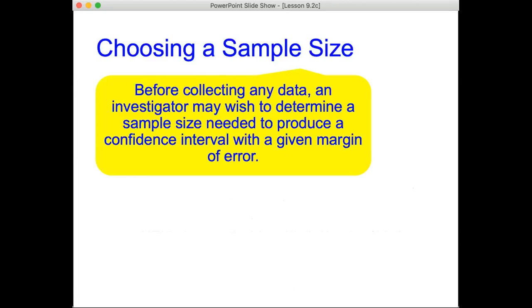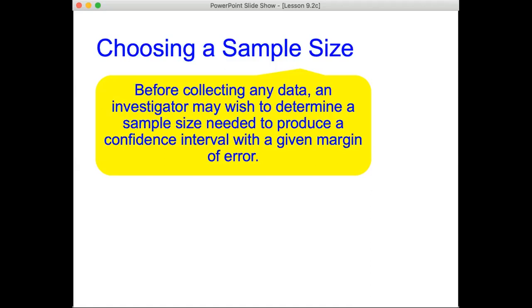When researchers go out to collect data, they usually have an idea of what kind of confidence interval they want at the end of the day, right? Like they know kind of how confident they want to be, like 90% is enough, or maybe 95 or 98. And they also want to know a certain width for their confidence interval.